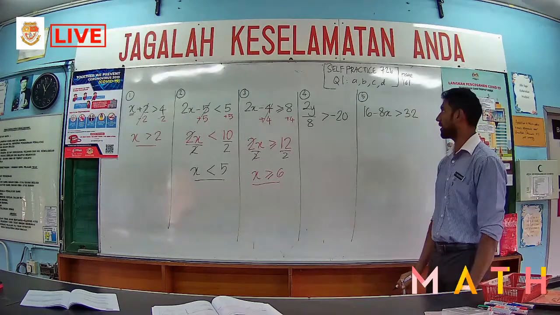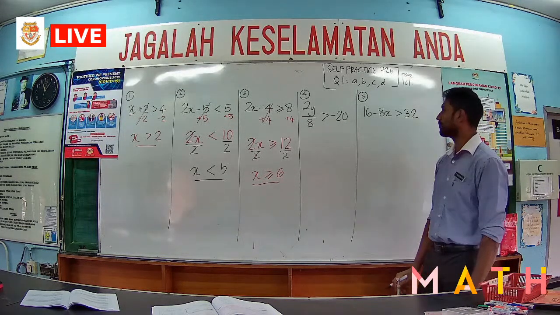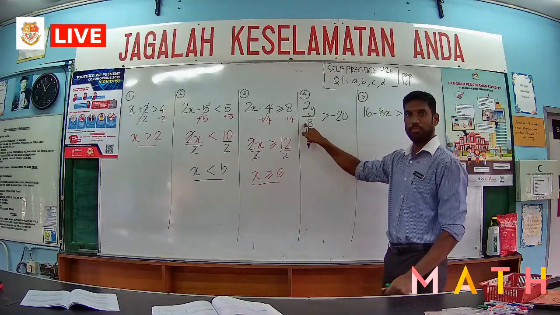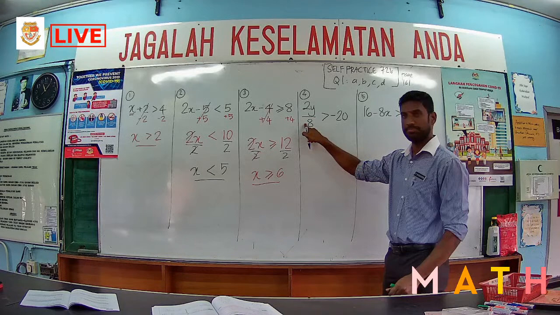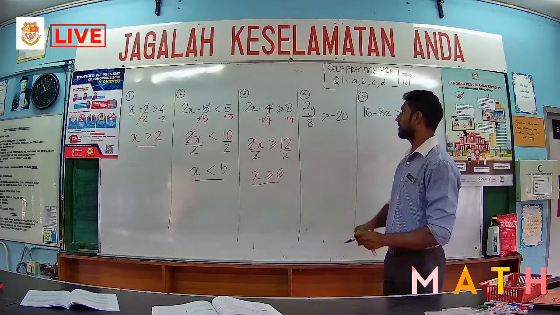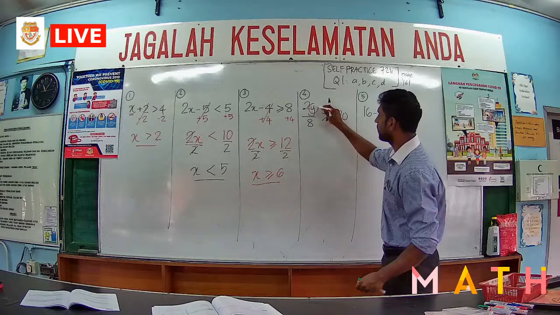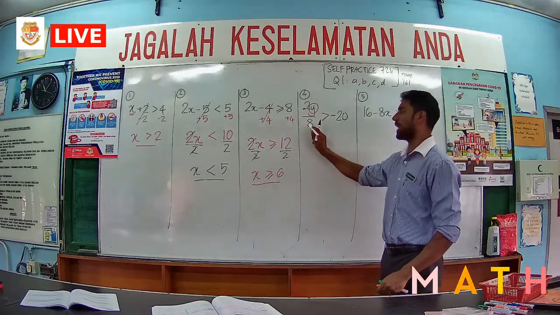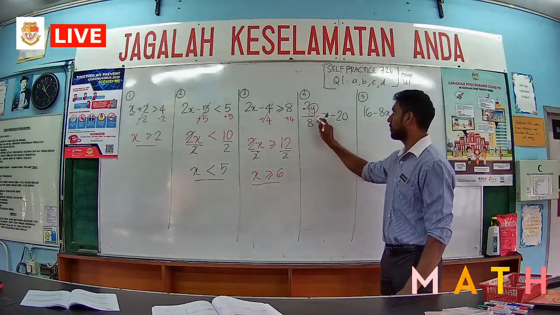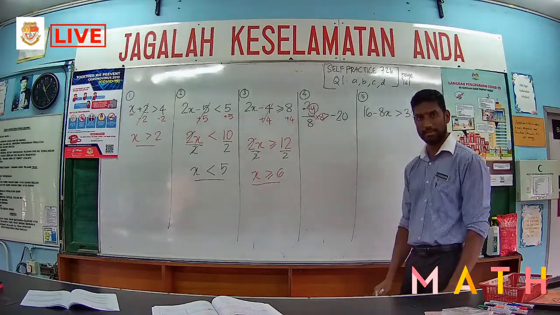How about question number 4? First, 2 and 8. Which one do we have to eliminate first? 2 or 8? Again, think about this. We put in the box. The closest relation is 2, right? So we eliminate the 8 first. So it's divide by 8. We put the opposite, which is times 8.